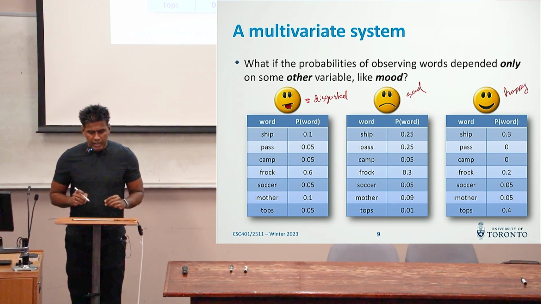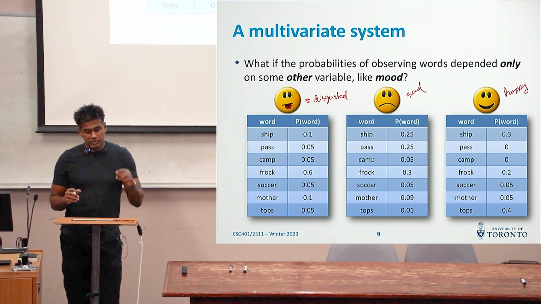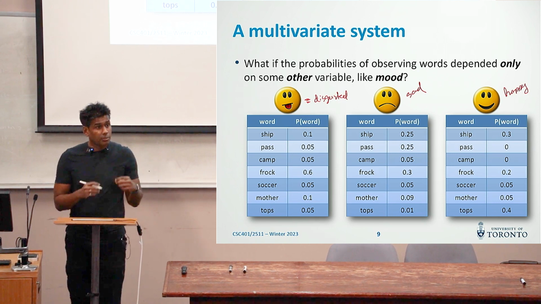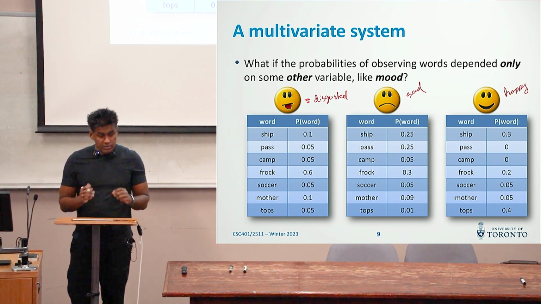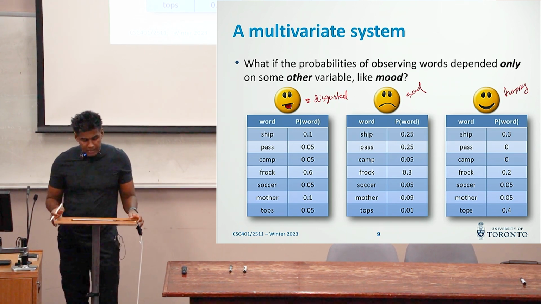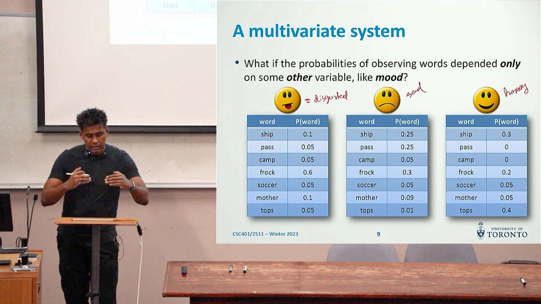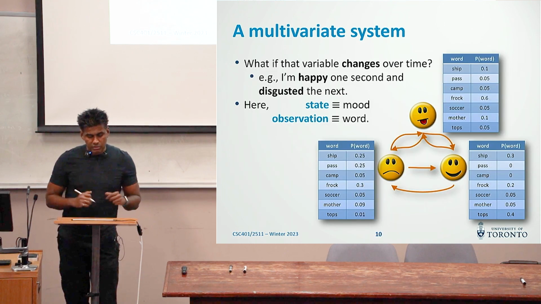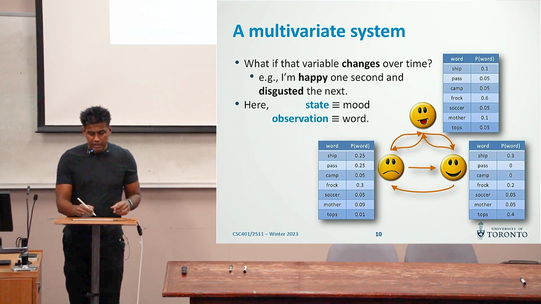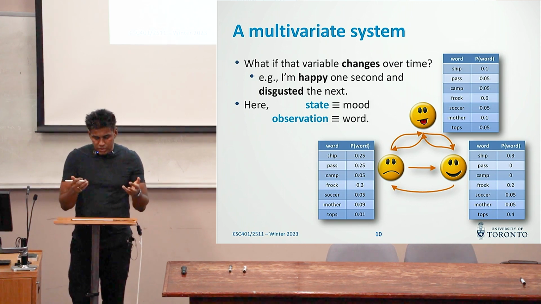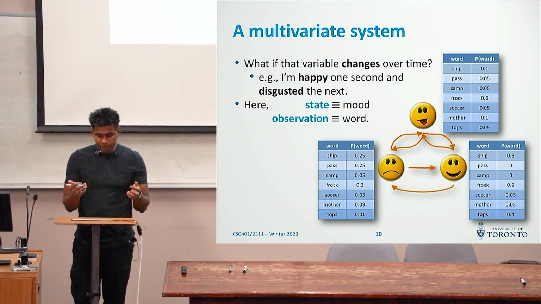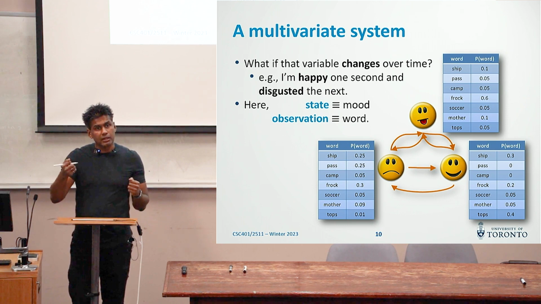Depending on what our mood is, the probability of observing the words is different. We'll call the states our hidden variables. If our hidden states change over time, then our probability of surface words would also be different.